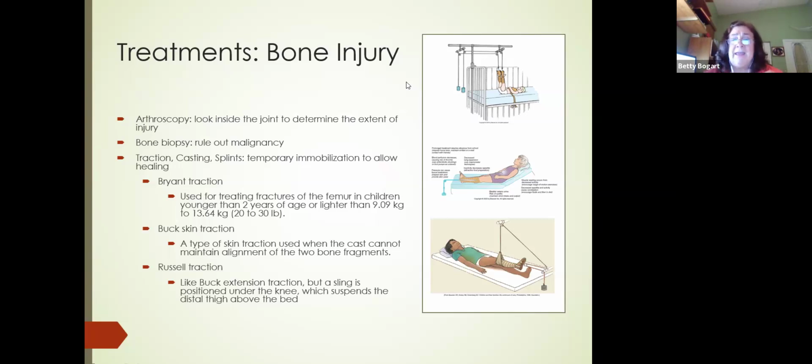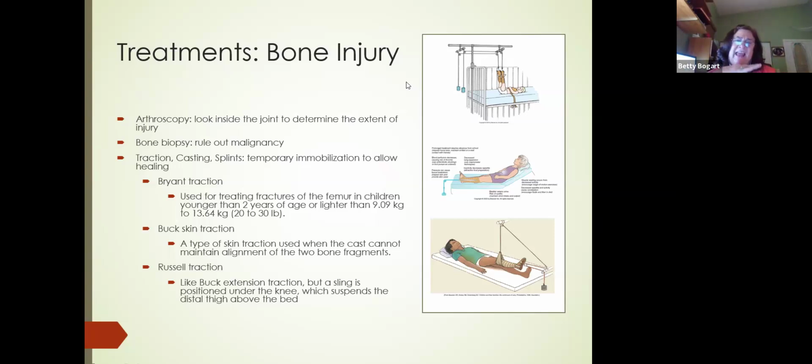Now, Bryant traction is for fractured femurs in children, and it's the picture on top. The child has to be younger than 2 years old and less than 30 pounds, about 20 to 30 pounds. They have the child's back on the bed and the legs up in the air, and it goes to a pulley and a weight and it pulls.